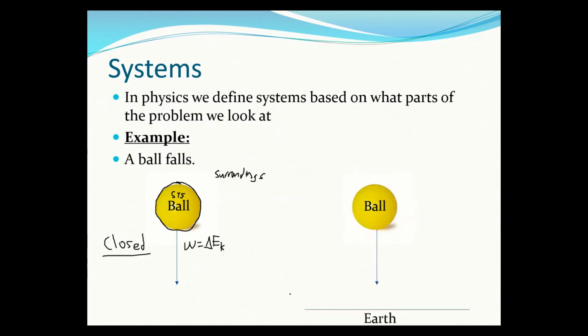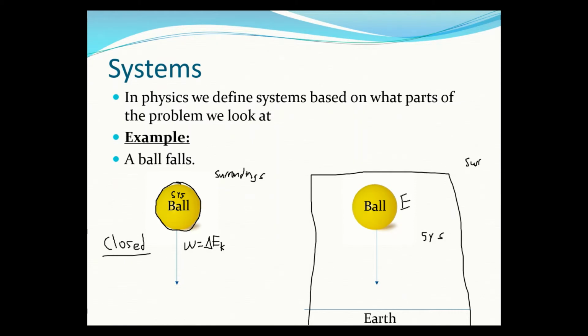But if we looked at this same problem a little bit differently, and we looked at the ball-Earth system, so this is our system, and this is our surrounding out here, well, the ball is still gaining kinetic energy, but when we have the Earth, we sort of have context, right?